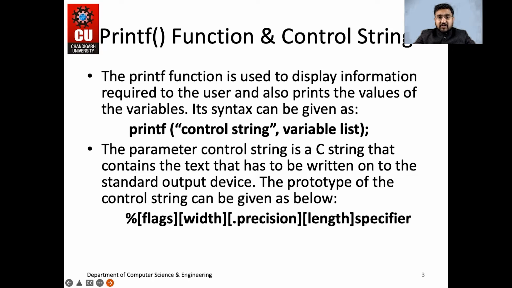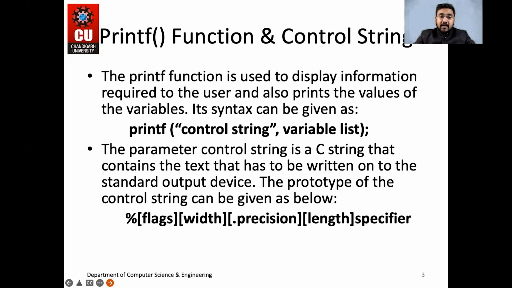Now, the control string may contain a text string that has to be displayed on the screen and control characters such as \n, \t. The parameters which you see here in the control string, some of them are optional and some of them are mandatory. The parameters specified in square brackets are optional, the rest of them are a must.